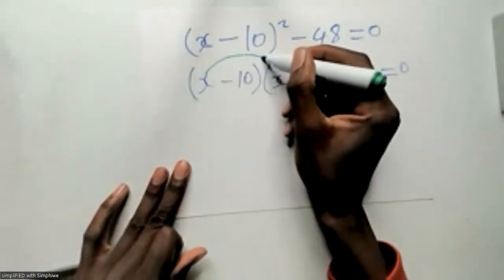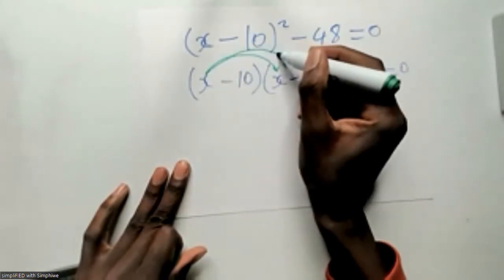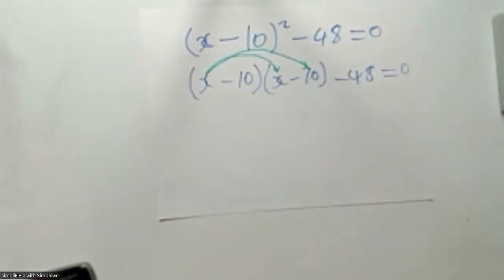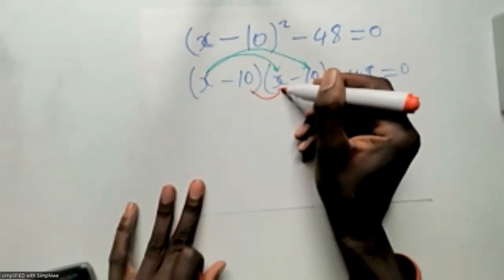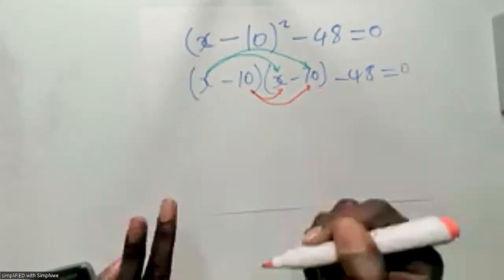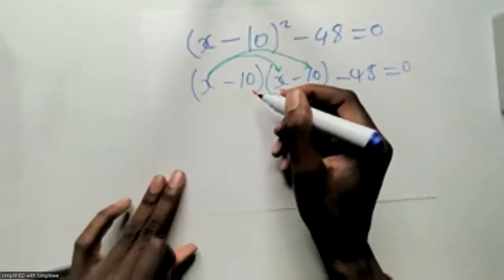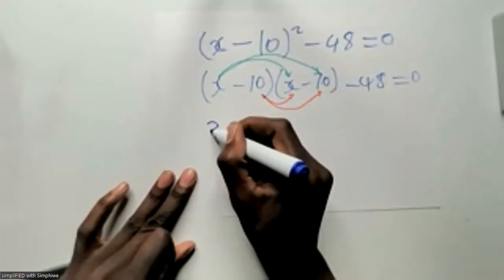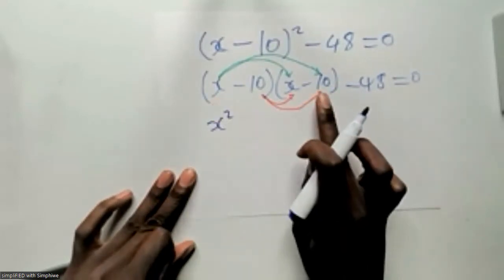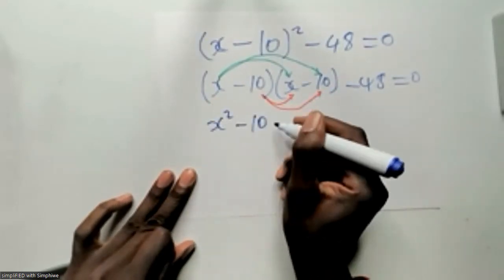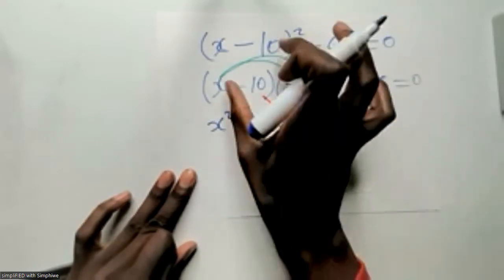Squared means it's double like that. So we multiply this by this, and this by this again, and then we come back and multiply this by this, and this by this again. So let's do that. X times x, x squared.